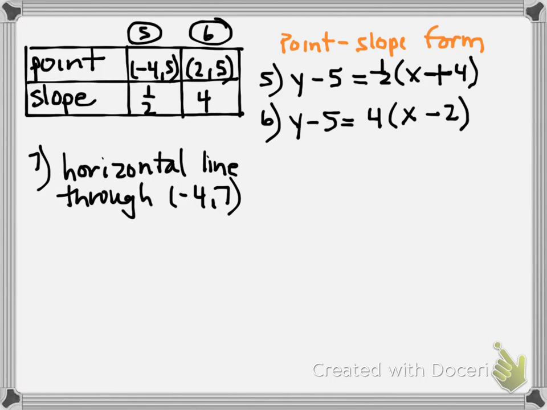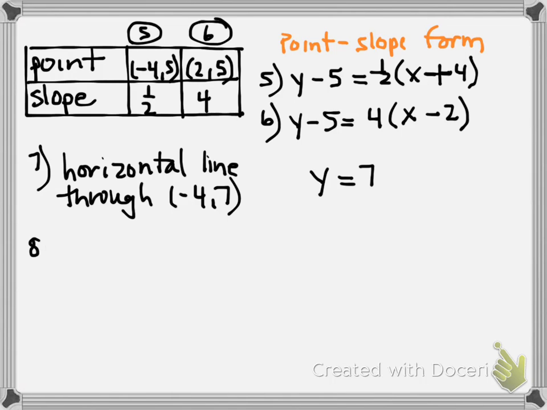Rachel? Y equals 7. It passes through the y-axis at 7. In fact, every y-coordinate for every point on that line is going to be 7. So when we have a horizontal line, it's going through the y-axis, and all we have to look for is the y-coordinate.